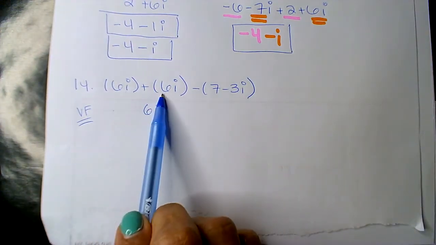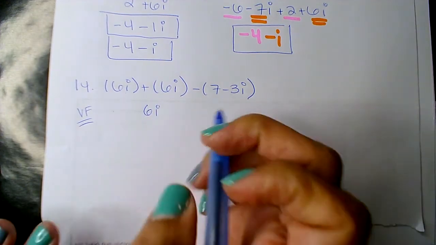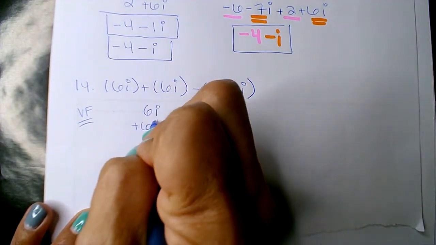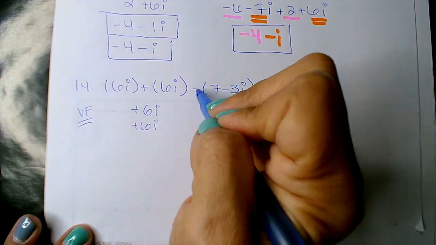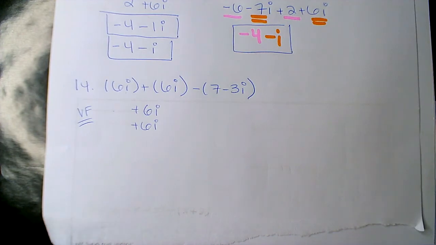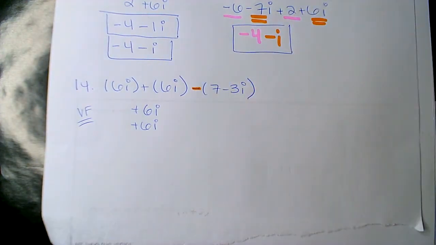The next one, it's a 6i. It's an imaginary. So 6i, and if you want to put the positives, just to make sure you don't accidentally subtract, right? And now, you guys have to get very good with this negative distribution. Some of you are only changing the first. You got to change both.